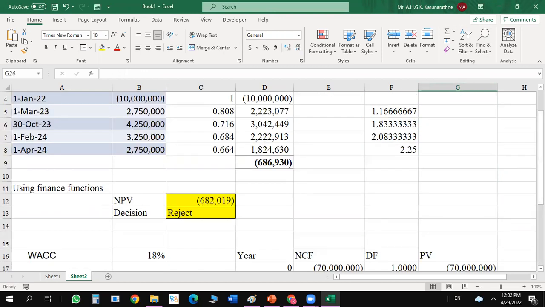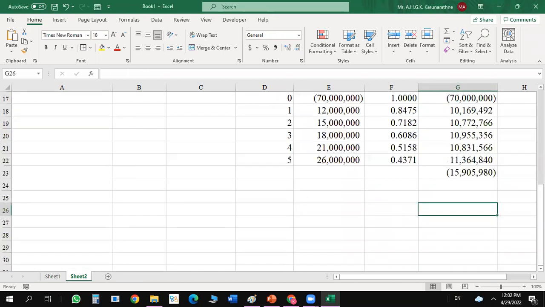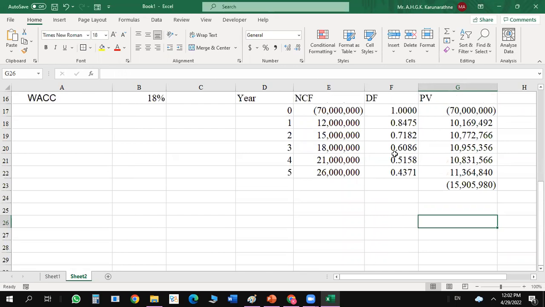Okay, so let's see how to compute IRR using the finance function. Now, there are different approaches to compute IRR. I'm not going to compute the IRR using our traditional manual approaches. IRR is the discount rate at which NPV becomes 0.